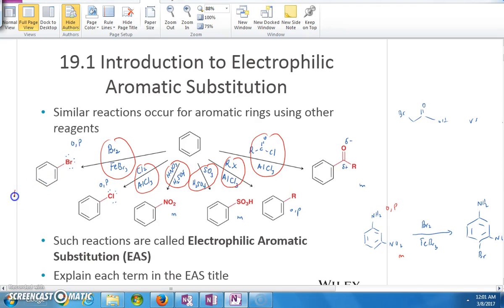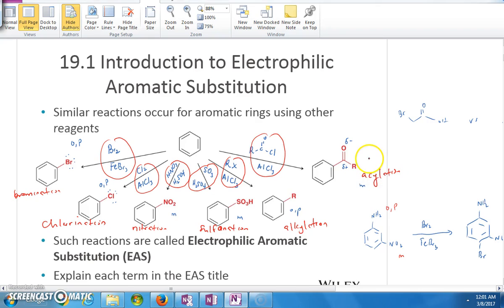As you can see here, this is a bromination, a chlorination, a nitration, a sulfonation, an alkylation, or an acylation.